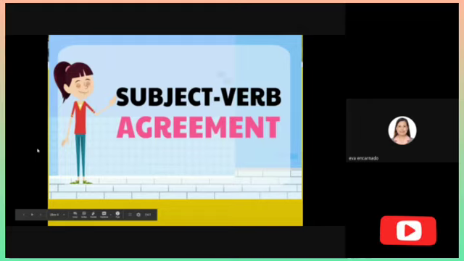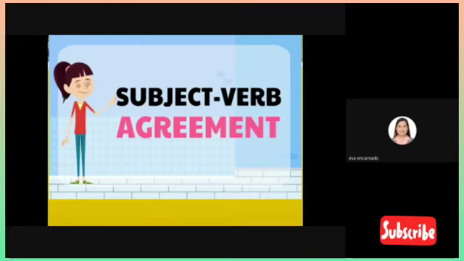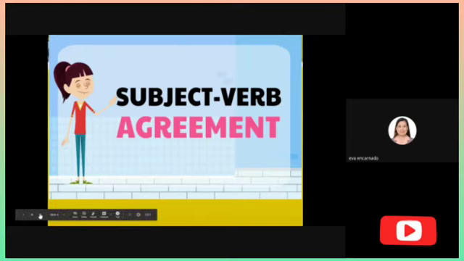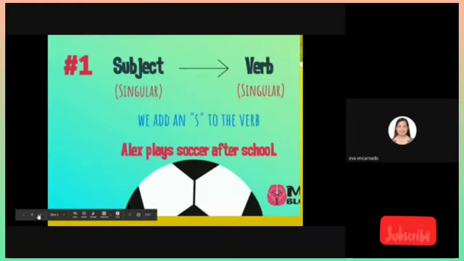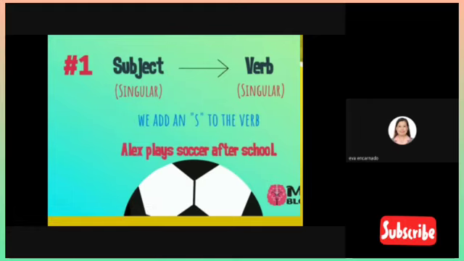So, our previous lesson was about subject-verb agreement, right? So, who can tell me the two important rules that we need to memorize or understand or to know? Okay? Yes, number 1, if your subject is singular, the verb must be singular.